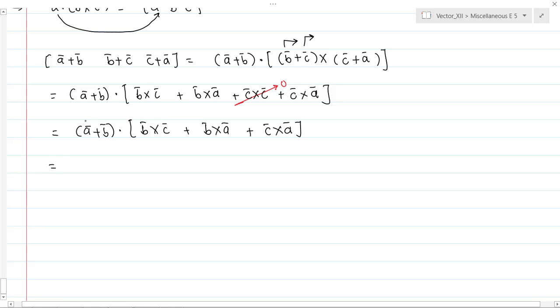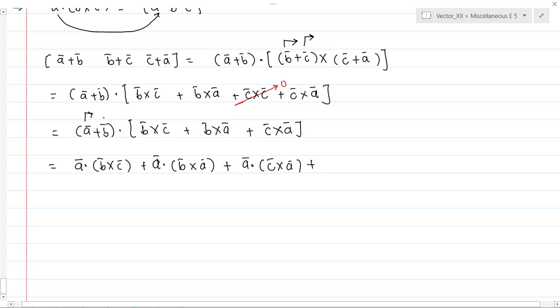Now let's take the dot product with a bar and this whole bracket, so a bar dot b bar cross c bar, plus as it is, a bar dot b bar cross a bar, plus a bar dot c bar cross a bar.